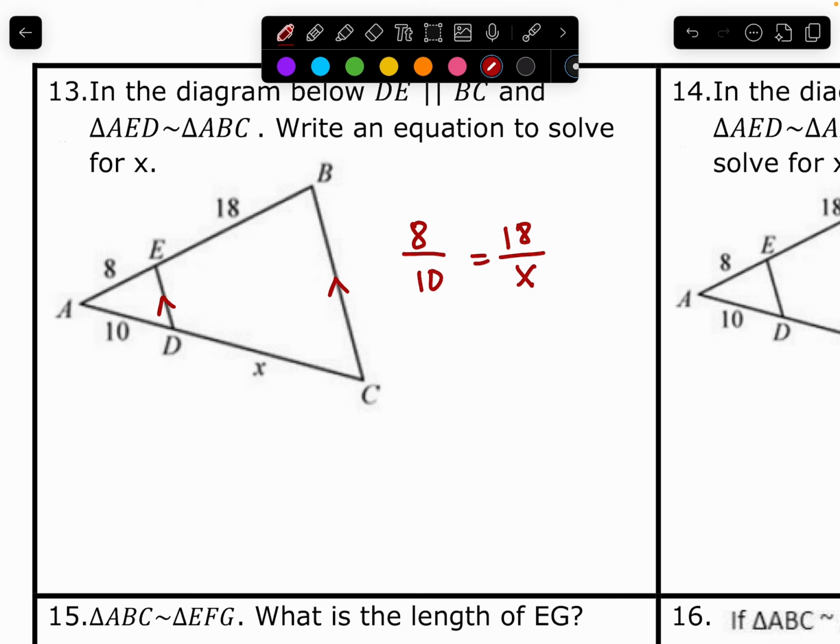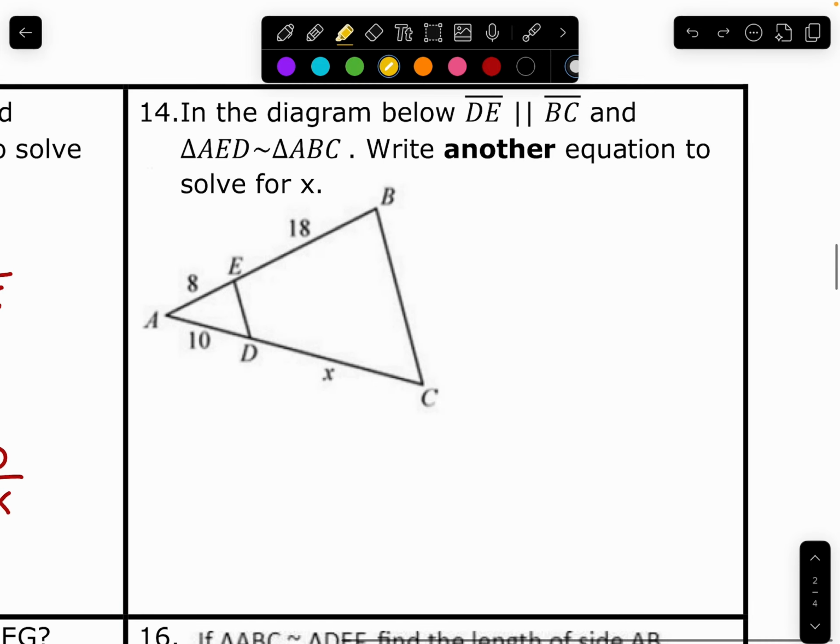Or you could do 8 over 18 equals 10 over x. It doesn't really matter. You could do it a few different ways. Just make sure when you cross multiply, you get the same thing. When I cross multiply, I get 10 times 18, and I still get 10 times 18 when I do it the other way. So it doesn't change the cross product. Go ahead and try number 14.